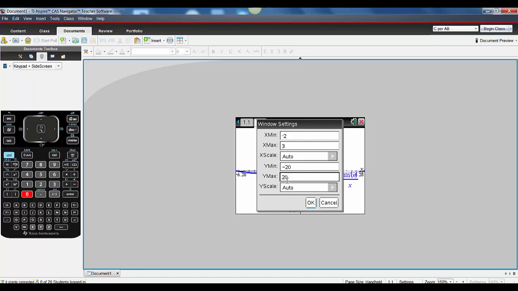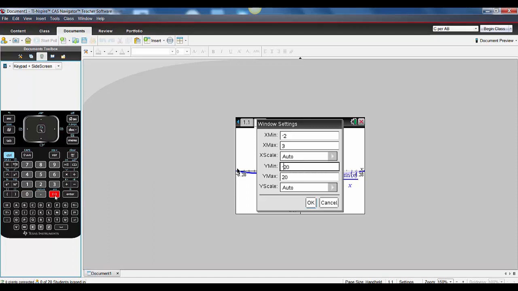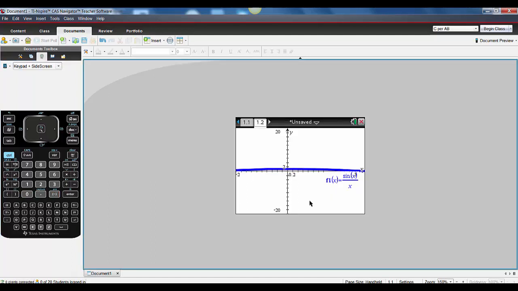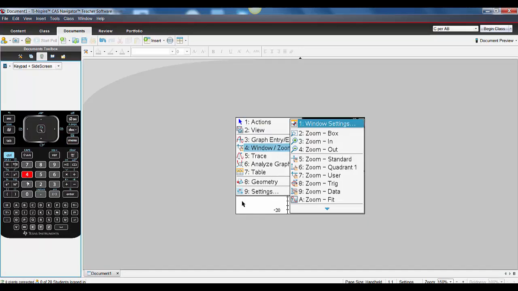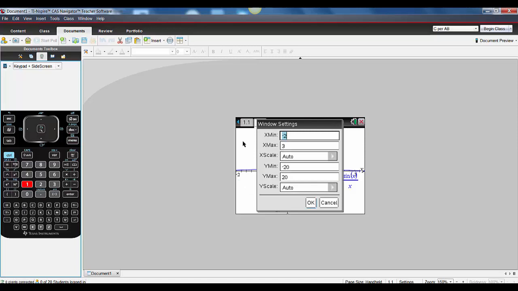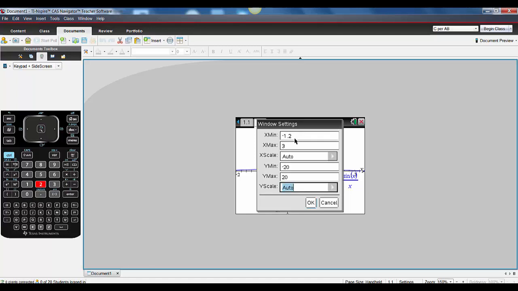Whoops. And I think I might have to change that negative to this negative right here. Okay. Not a good graph. Alrighty, we're going to adjust that one more time. And we're going to make that even smaller. I'm going to have that go from -1.2 to 1.2.